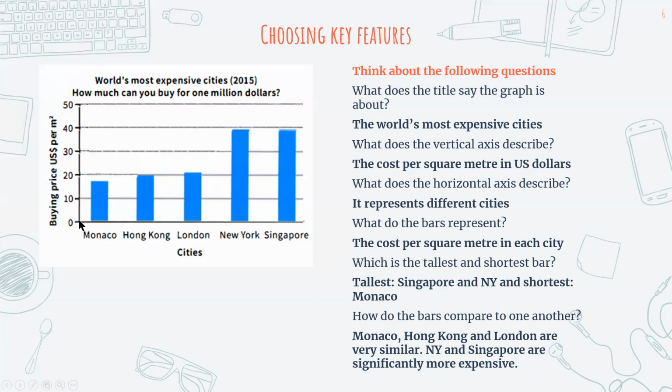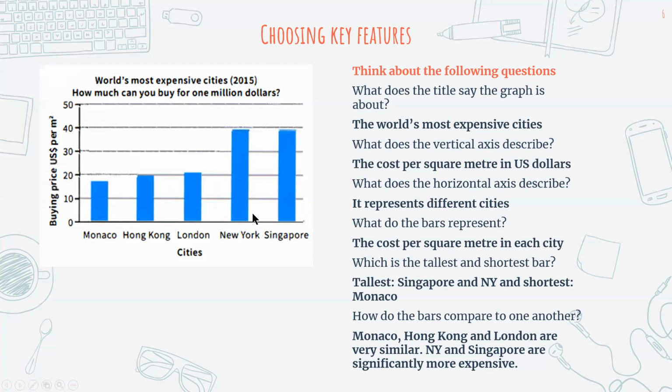It starts from 0 to 50. What does the horizontal axis describe? The horizontal axis describes or represents different cities: Monaco, Hong Kong, London, New York, Singapore. So I have 5 cities.